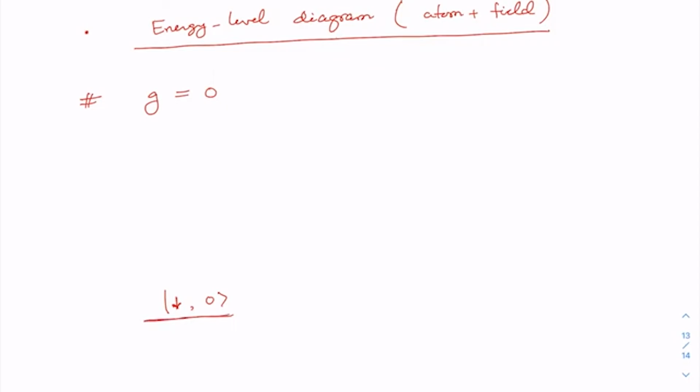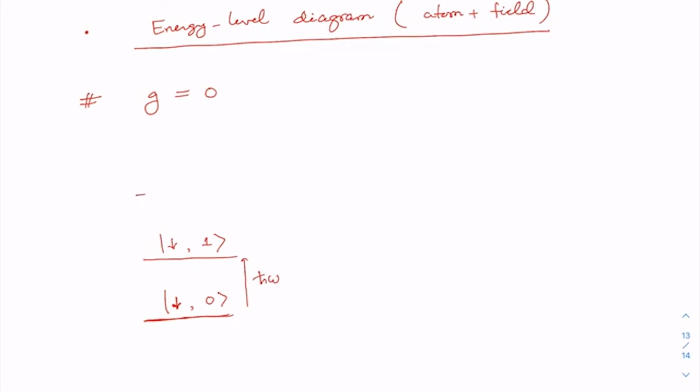Now we can put one photon into the field, the atom still being in the ground state, and then we have this one photon in the field mode. The energy of the system would be enhanced by ħω, because ħω is the energy of the field.